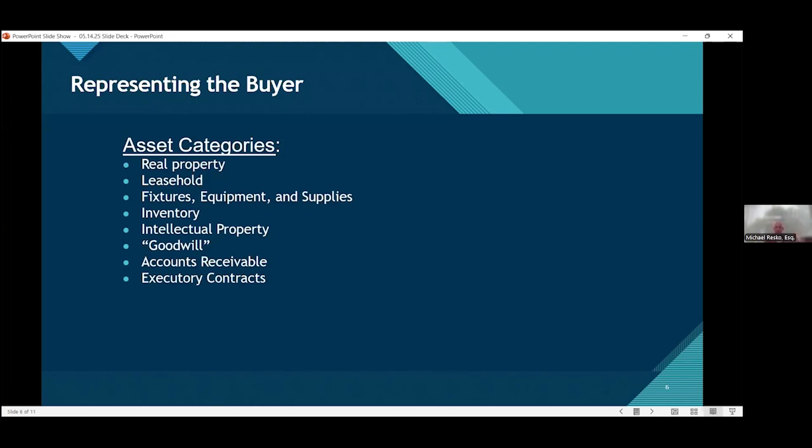Oftentimes in the contract, we'll put in some limitations or some guidelines about the ongoing purchase of inventory during what we call the executory period between the time the contract is signed and the closing, right? Some limits on the purchase of inventory. We don't necessarily want the seller to buy excess inventory or spend a lot of money on inventory during this period between when the contract is signed and when we actually close.